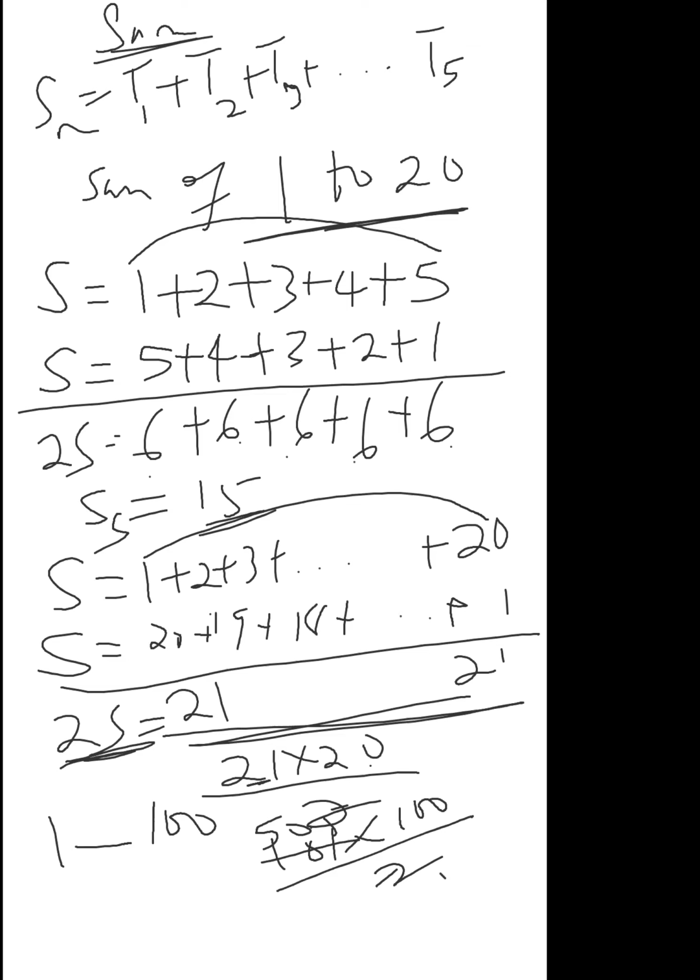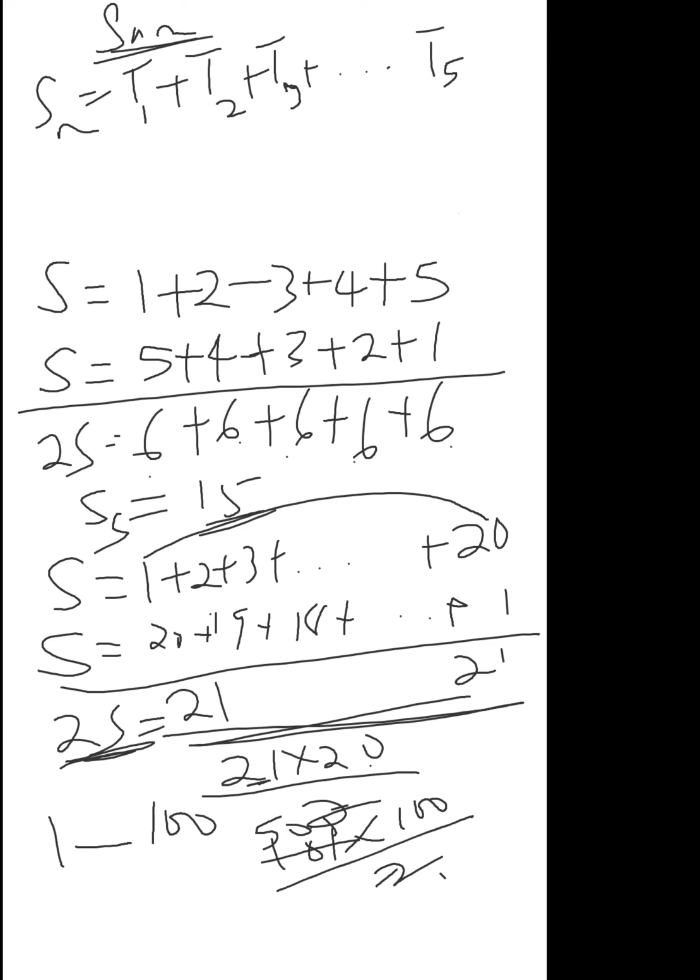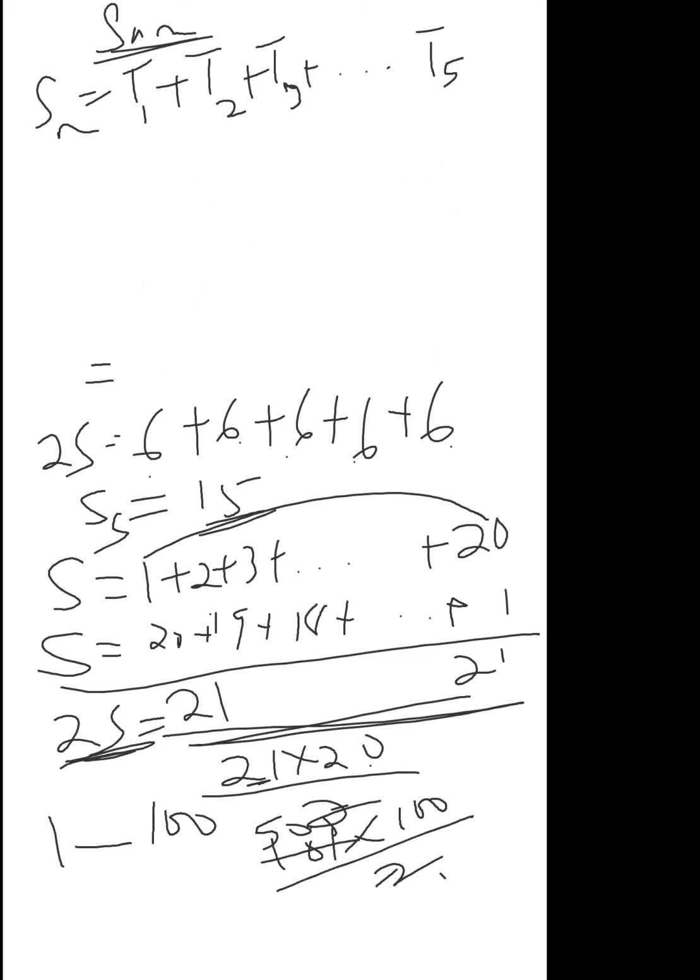So if you now want to generalize it, I told you that you pick the first and the last. In the process of generalization, what I just need to do is that, my sum of the first n terms will be what?